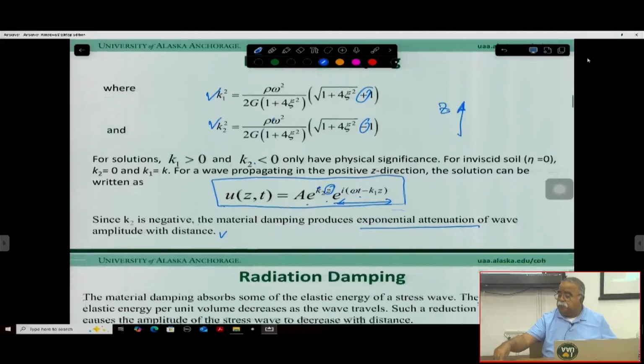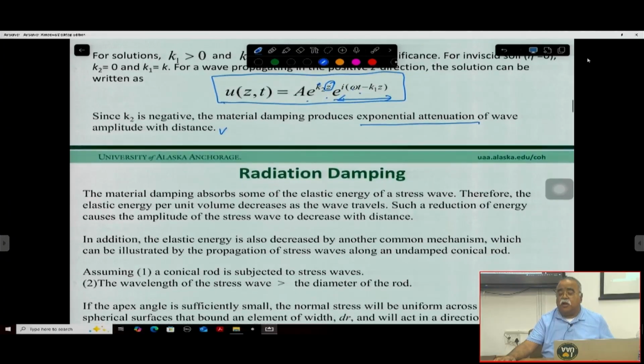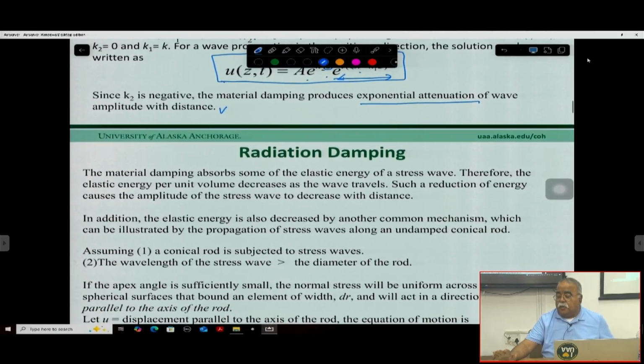Okay. So this is one type of damping, which you call material damping, which is due to the Kelvin-Voigt solid. So there is a stress wave as well as viscous damping, right? Now, there is also radiation damping, which decreases the wave amplitude as it travels the distance.